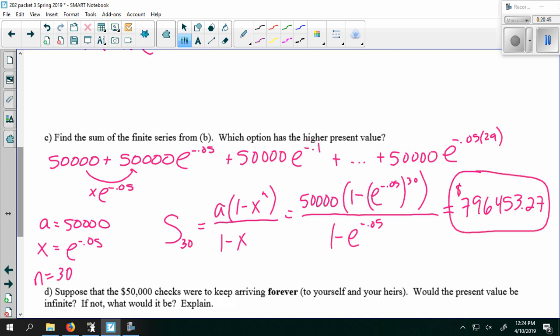So that is the present value of all of the checks, which means I should choose the $800,000 today. $800,000 today is more than the present value of the annuity, so choose the $800,000.